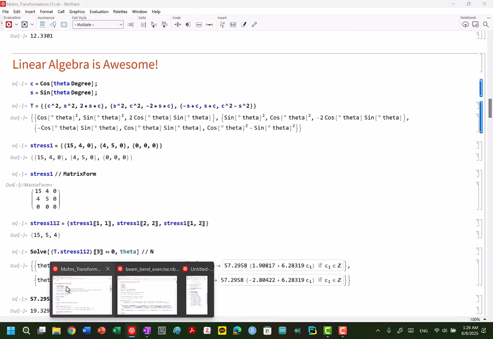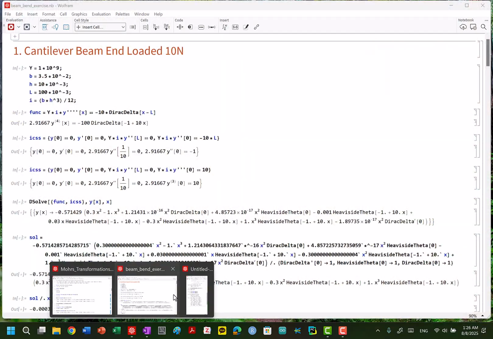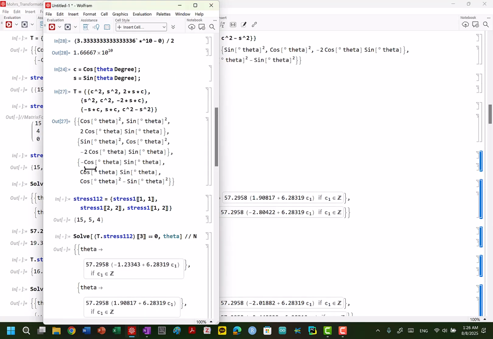And actually, I'm going to make this a little bit easy on myself. So we'll save this, put this here. I'm going to copy and paste all this good stuff. So we can prove that we're also in a principal stress state, just for fun.